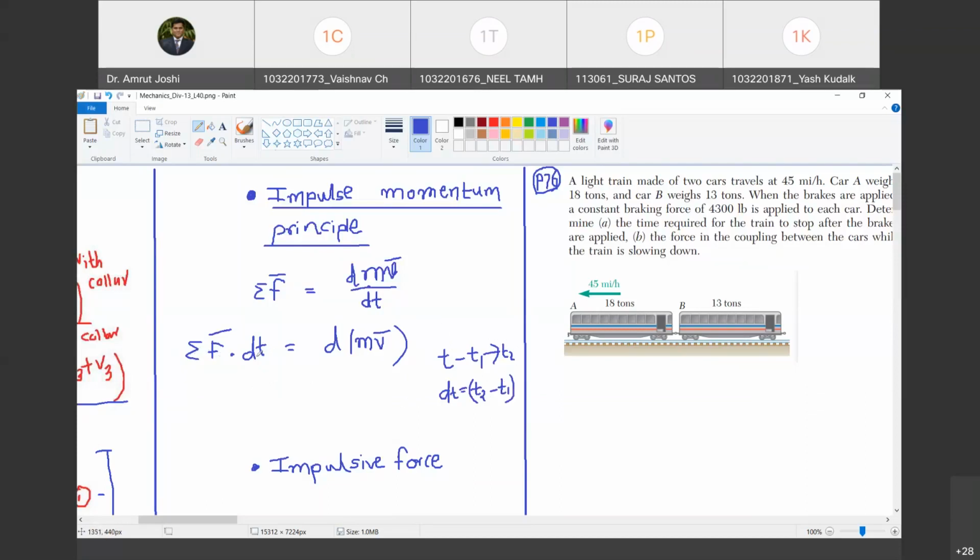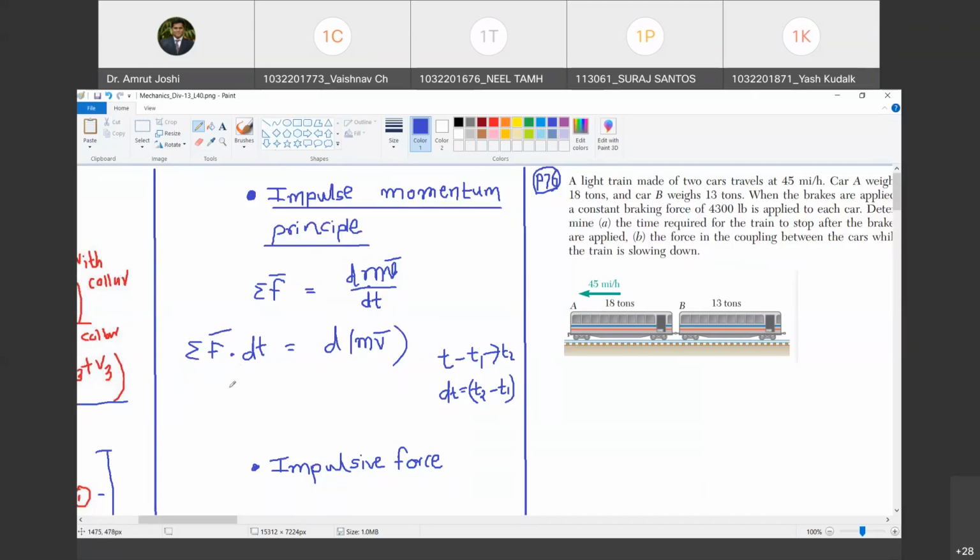So this dt being a scalar quantity, it can go inside the summation, and then you will have summation f1 bar dot dt plus f2 bar dot dt up to fn bar dot dt. Do you agree with me? Yes, sir. If there are n forces acting on a body, f1 bar up to fn bar, then summation f bar dt will be equal to f1 bar dt plus f2 bar dt plus f3 bar dt plus fn bar dt. Do you agree with me?